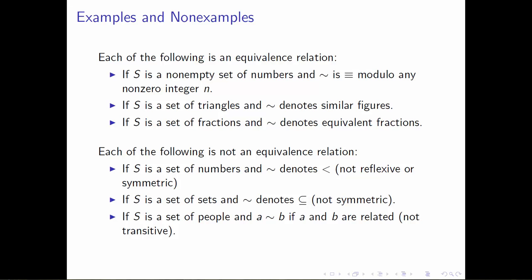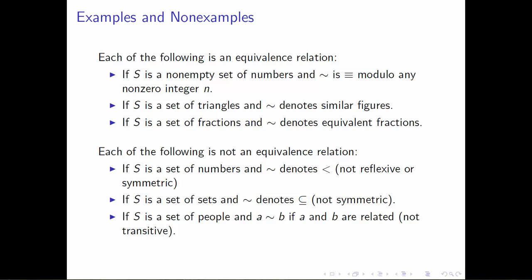You could think of a person as being related to themselves, so this would satisfy the reflexive property. If I am related to you, then you are definitely related to me, but it's the transitivity that's going to fail. For example, if I have a cousin, then the cousin of my cousin is not necessarily my cousin. It depends on who their mother and father are. And so this relationship need not be transitive, and so the concept of two people being literally related is not necessarily an equivalence relation.